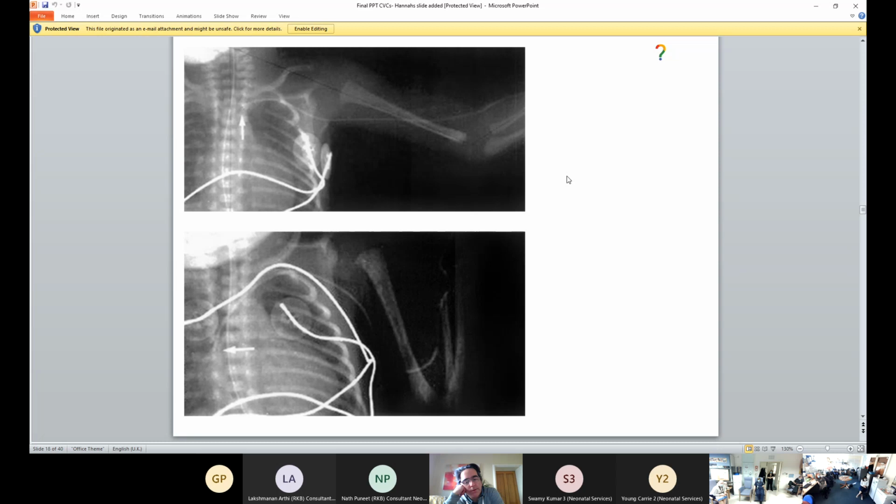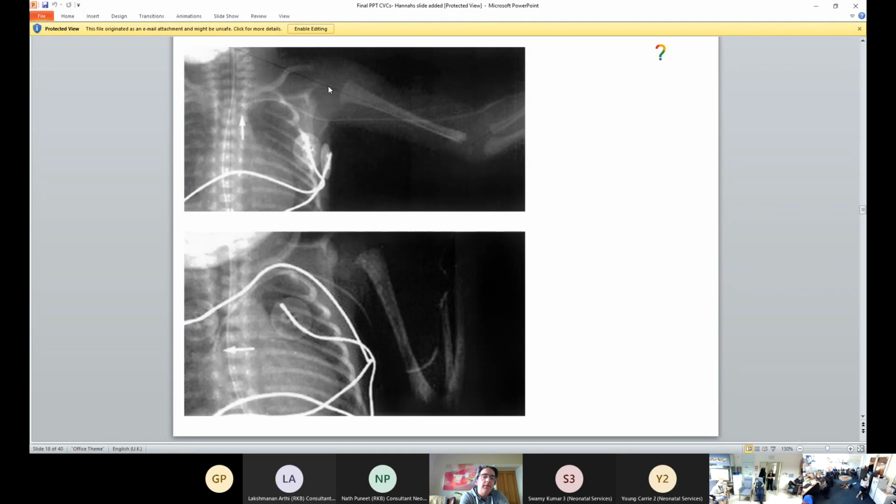When we X-ray, the technique is quite important because the position of the tip will change with changing the limb position. This X-ray is of one baby, and this long line is going through the basilic vein, the one running on the medial side of the arm.